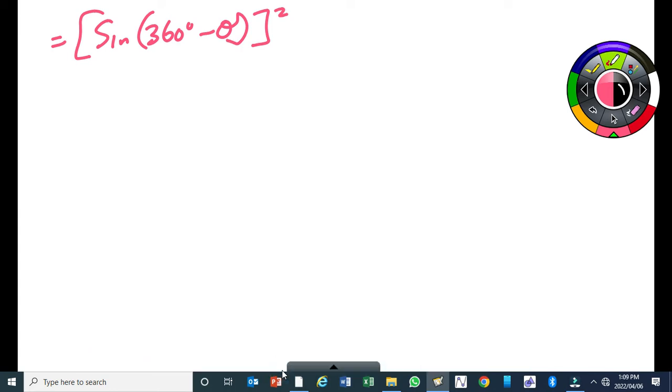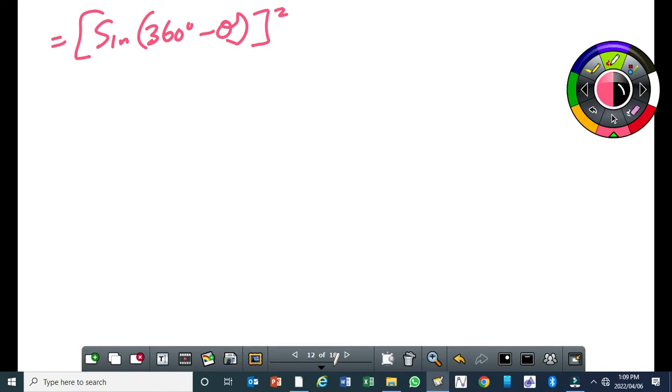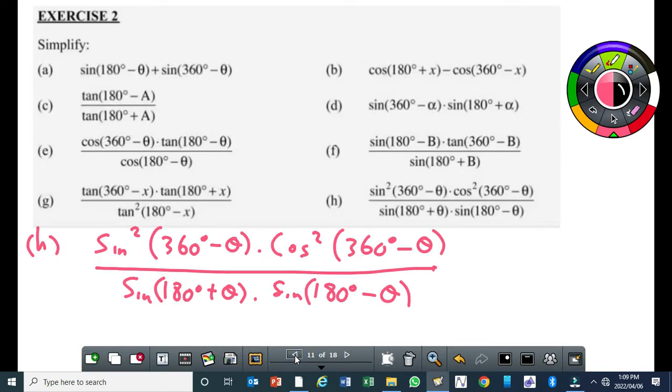Please take note, this sine squared of 360 degrees minus theta is the same as finding sine of 360 minus theta first, then you square the answer.